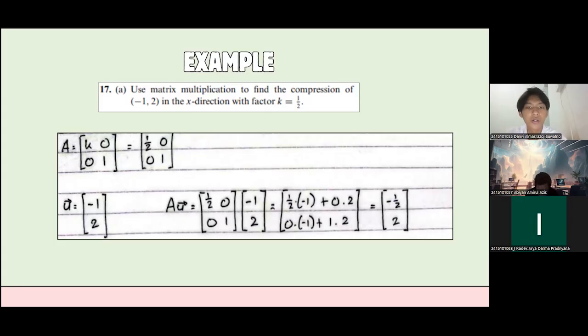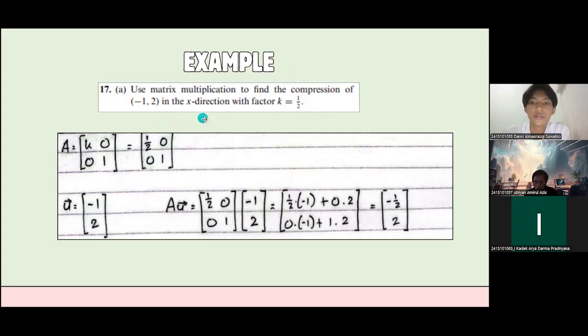First of all, we substitute k into the standard matrix of compression in the x direction, which is k, 0, 0, 1. Substituting k, it becomes 1 over 2, 0, 0, 1.